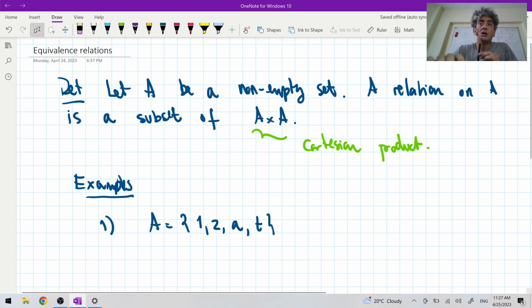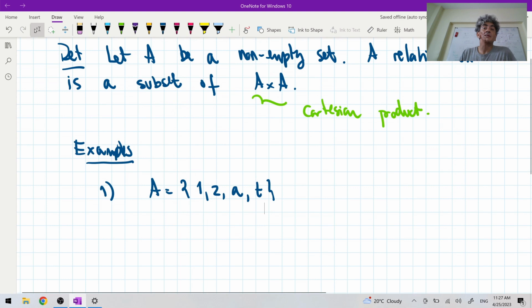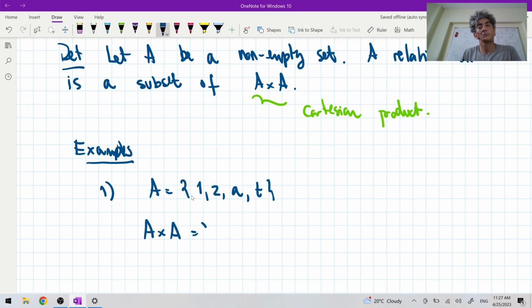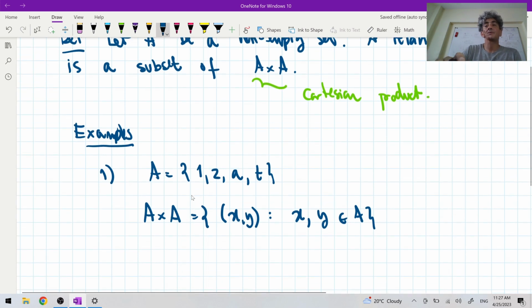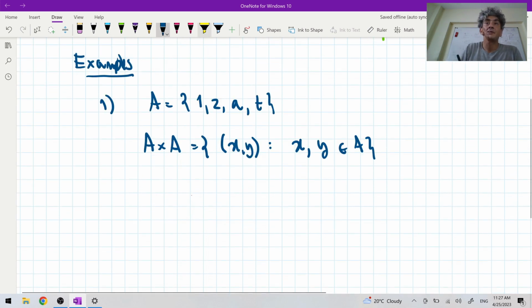Well, that product is simply the ordered pairs. It can be described as the set of pairs x and y such that x and y belong to A. In this case, since A is finite, then the square or the Cartesian product is also finite.